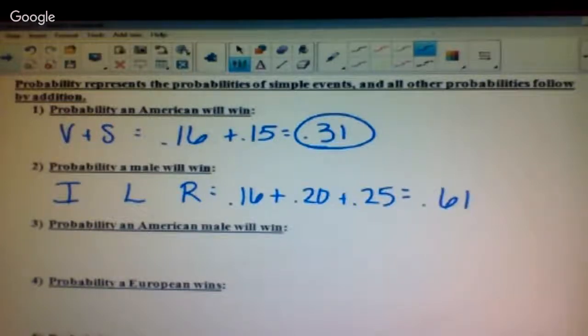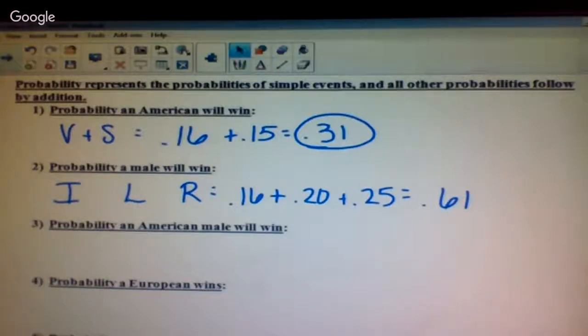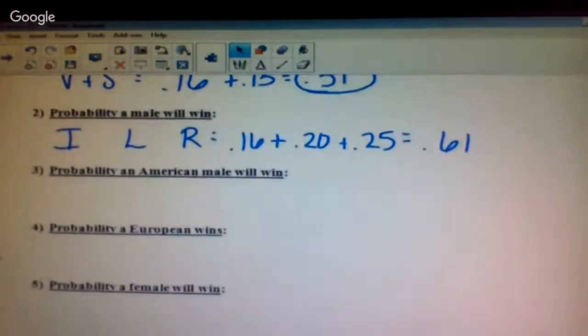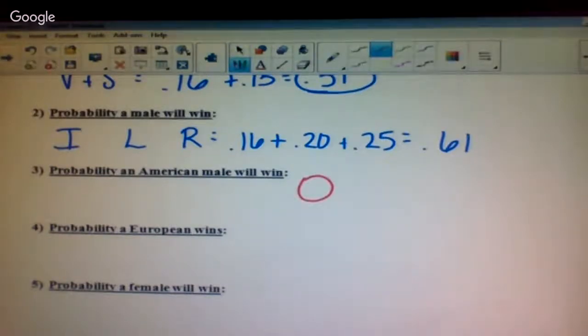I will tell you on your test whether it needs to be in fraction form or not. Also remember your final exam's multiple choice, so if they want it in decimal form, they're going to give you decimal choices. What about the probability of an American male winning? 0. It's an impossible event. There are no American males competing. There are American females, but no American males.